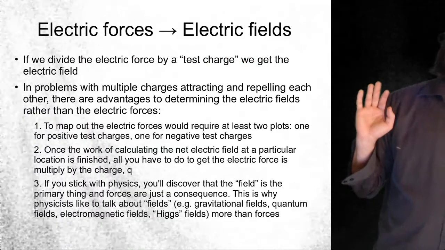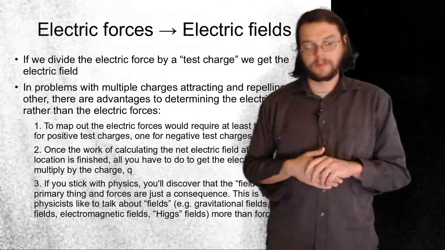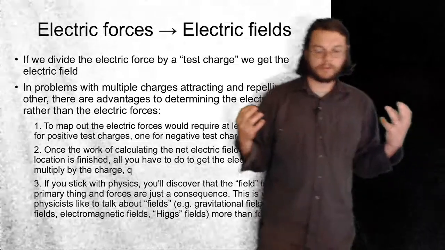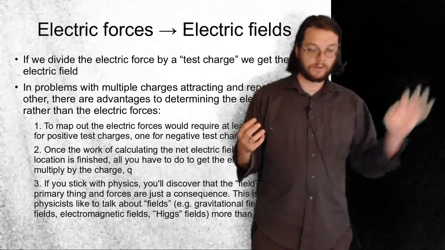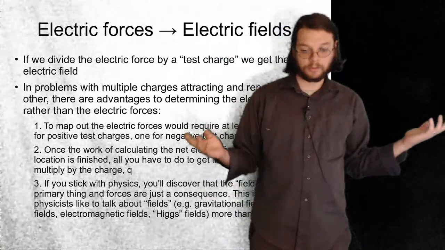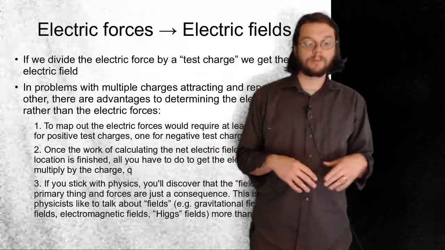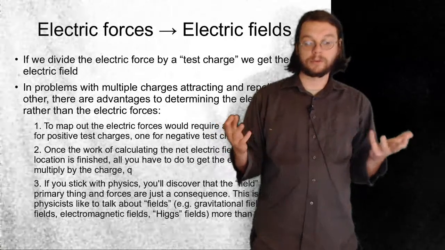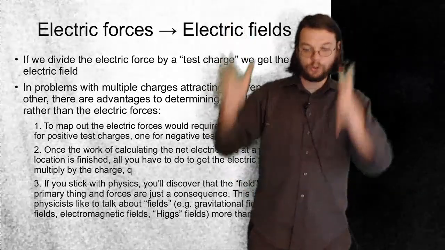Another way of saying that is that if you had a bunch of charges, a charge here and a charge here and a charge here, and you wanted to make a map of what direction the electric force would be, well, you'd have to make 2 maps.